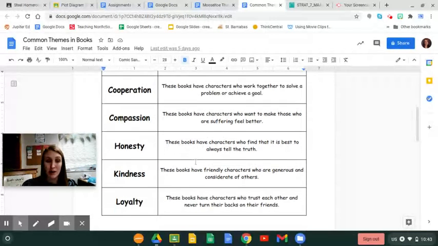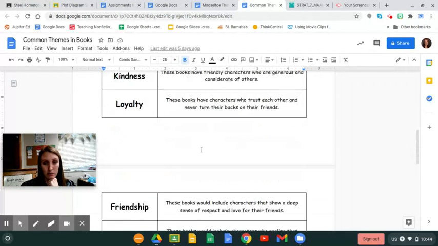Kindness, maybe it's a character who's mean at first, and then they realize that kindness is the way to go, that kindness is going to solve their problems. Books that have themes of loyalty are books that have characters who trust each other and never turn their back on their friends. So it would be like they stick together throughout the hard times.